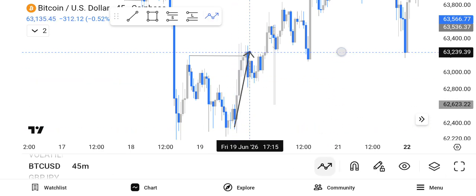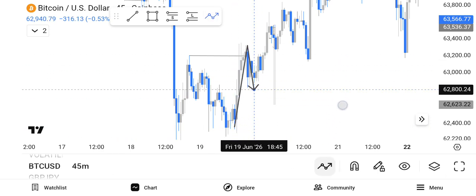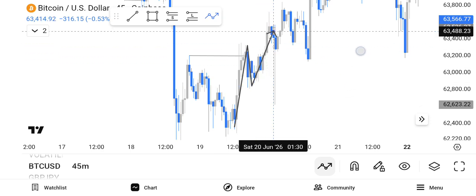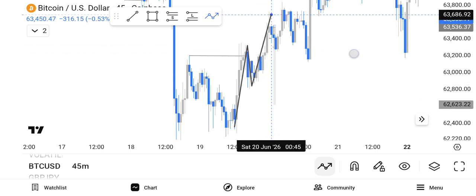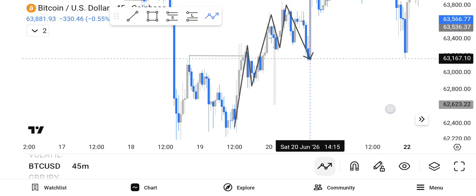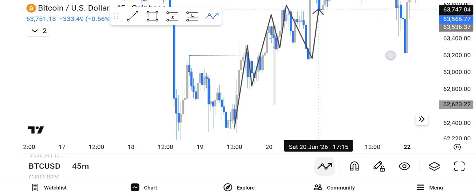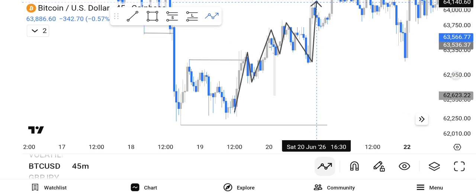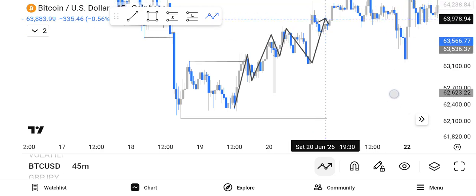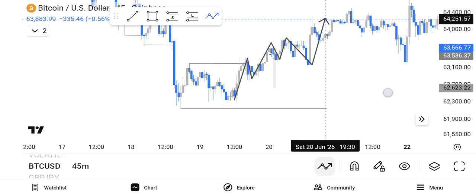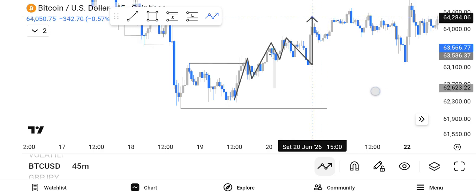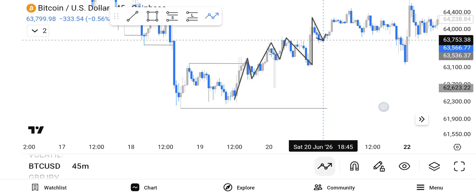You can see uptrend markings right here. Higher high, higher low, another higher. Higher low, higher high, higher low. It didn't take out this, so it pushed up again to give us another higher high, and then a higher low.